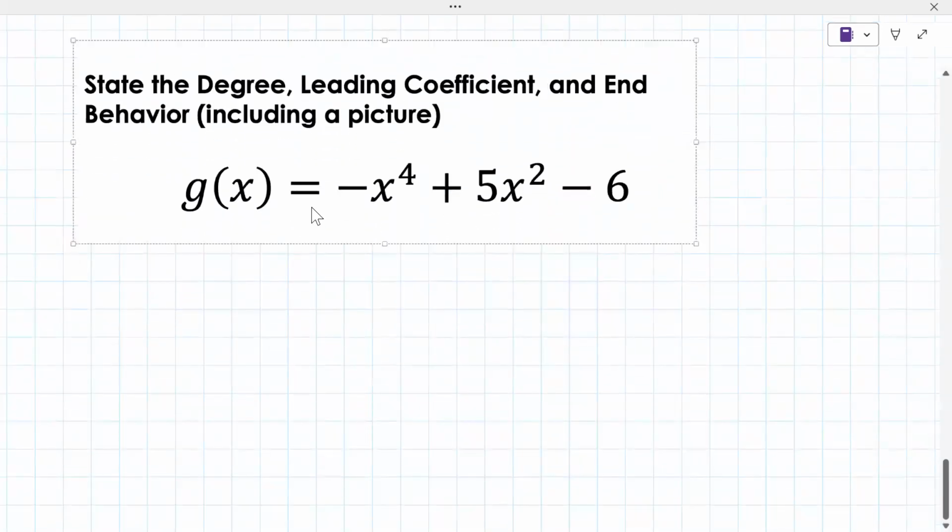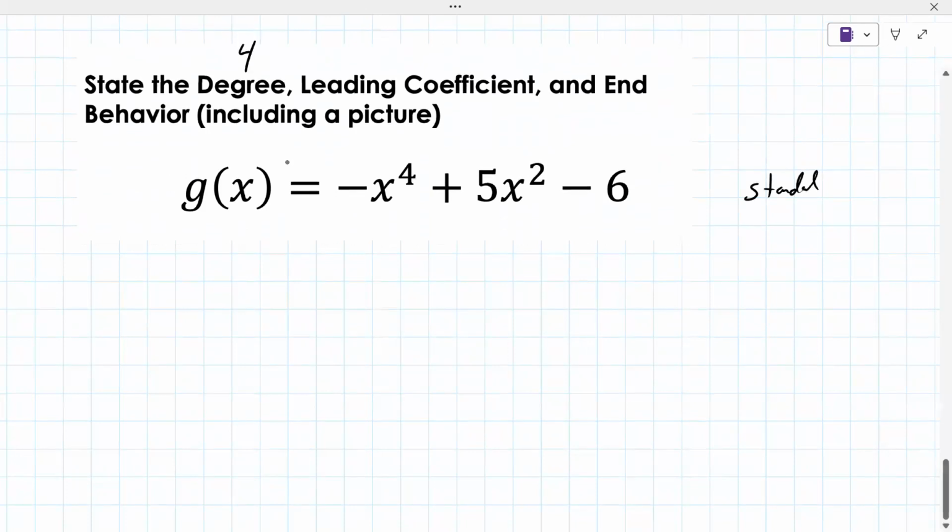Yeah, so these are not as difficult as the ones we were doing originally, because they're already in standard form, which you could read off the degree. The degree is 4, and it's the highest exponent. Whenever it's in the factored parentheses form, you have to add up the exponents, and whenever it's in standard form, it's the greatest exponent, the first one up there.